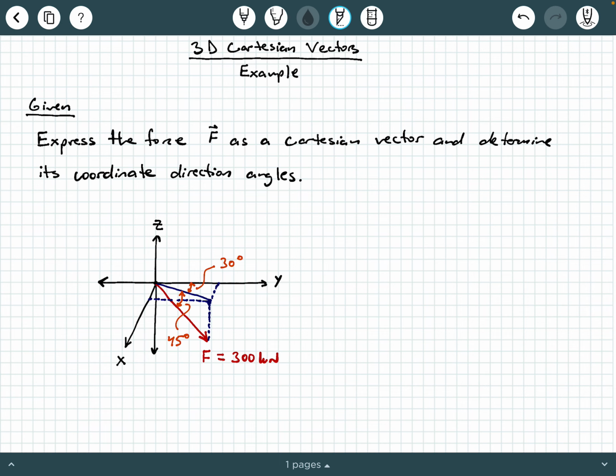The reason this is important is that our given force, which is 300 kilonewtons, is acting in three dimensions in the octant that has a negative z component. This force vector F has a positive y component, a positive x component, but a negative z component. You can tell because it's tilted at this 45-degree angle below the xy plane.